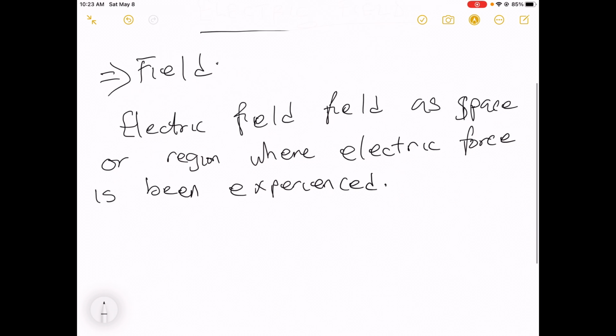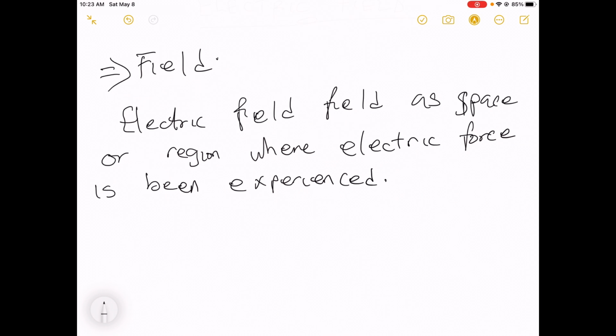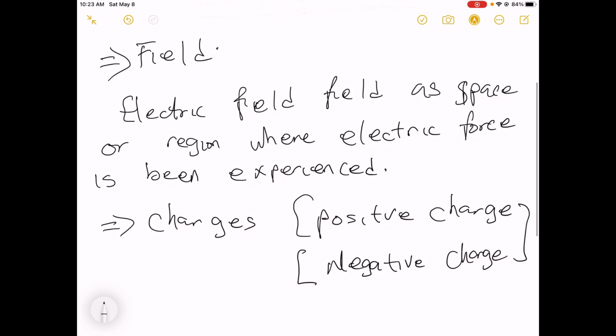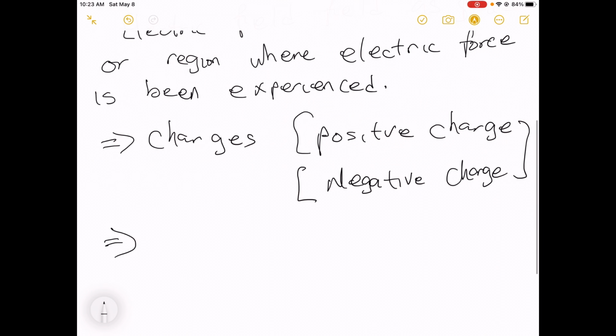Now, in an electric field, we have things like charges, and we have two types of charge. We have positive charge, and we also have negative charge. And we have things like potential difference.